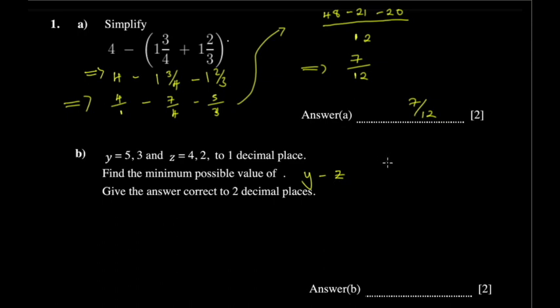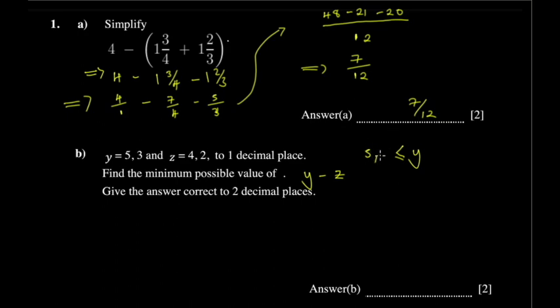So here you reason, our values for y and z have been corrected to one decimal place. So you reason, what was y? Okay, so you cover the whole range. So y can be greater than or equal to what? 5.25, for example.